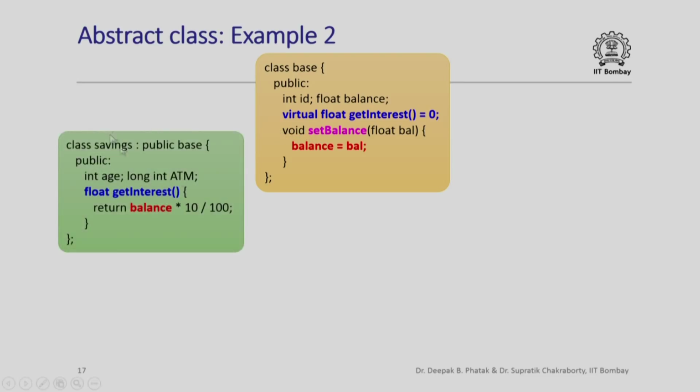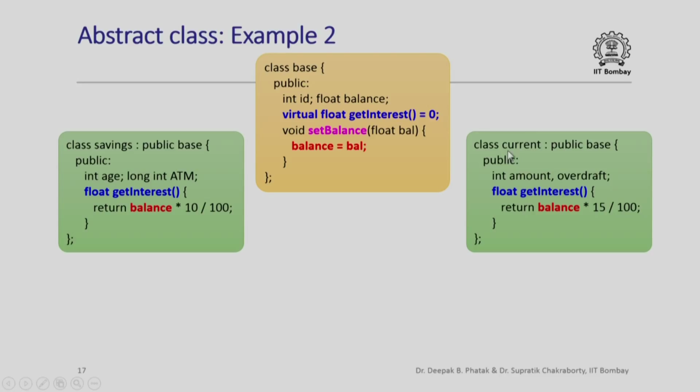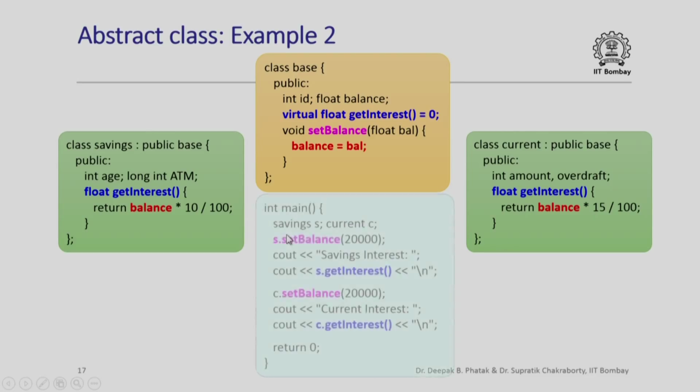And here is a derived class, class savings, which has its own definition of the pure virtual function over here, and here is the class current, which has its own definition of the pure virtual function over here. In the savings account, the interest is like 10%. Here in the current account, the interest is like 15%.